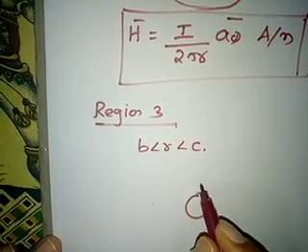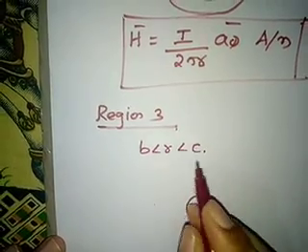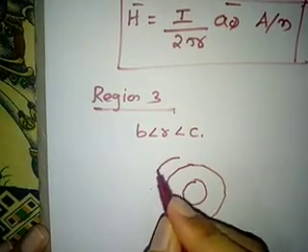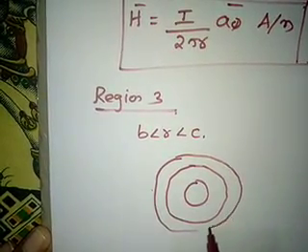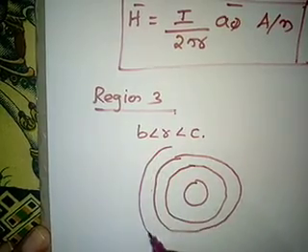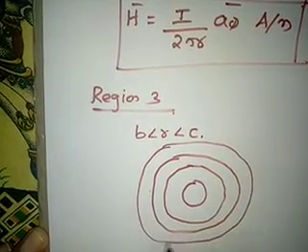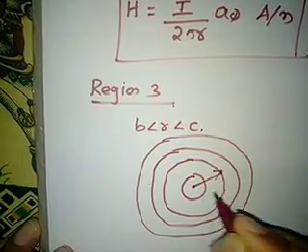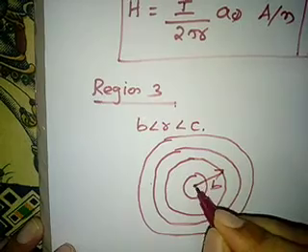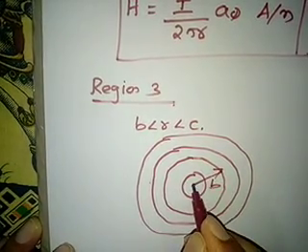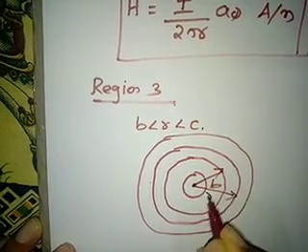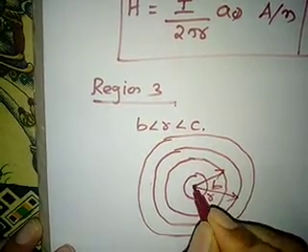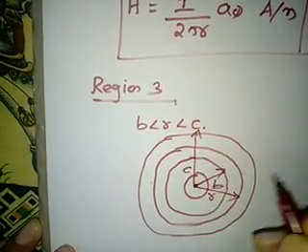Here we have the inner conductor, this is our b, then we have r, and then this is our c.